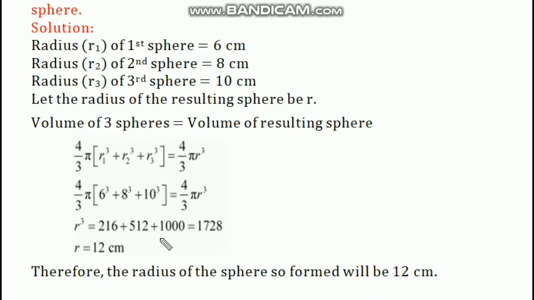If we add these, we get 1728. So R cube equals 1728. Then R equals the cube root of 1728. The cube root of 1728 is 12 centimeter. So therefore the radius of the sphere so formed will be 12 centimeter.